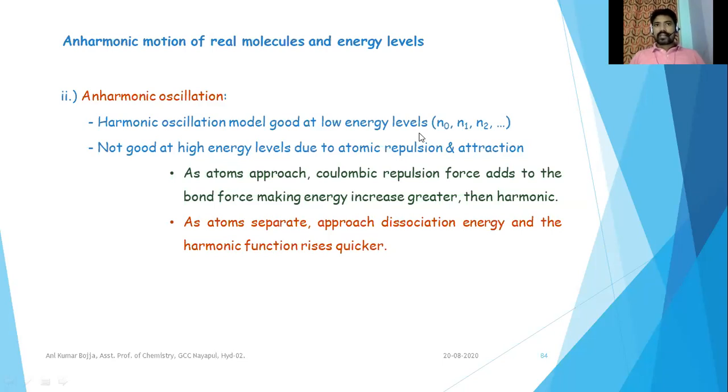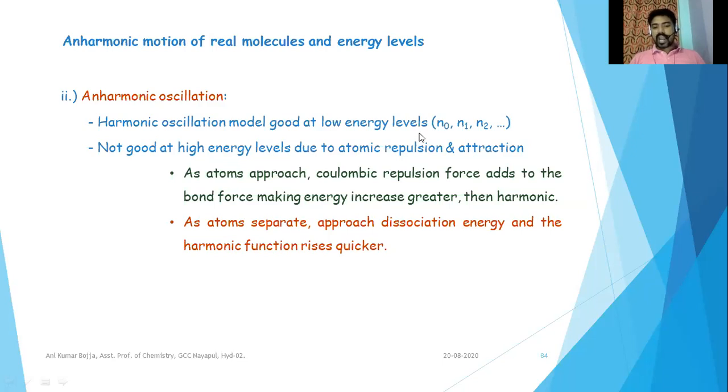So if that kind of excitation takes place, the molecule will be like an object which is undergoing anharmonic oscillations. So the harmonic oscillator model is good at lower energy levels, but it is not good at higher energy levels due to atomic repulsions or attractions.